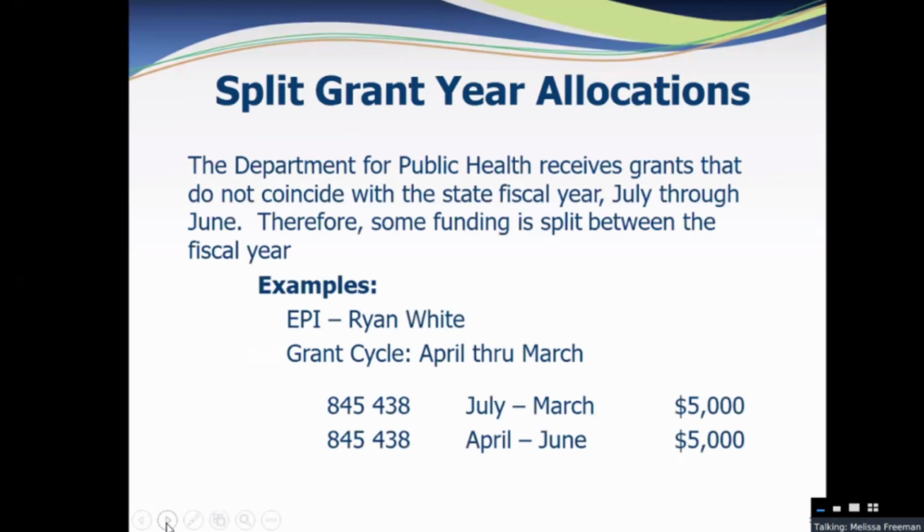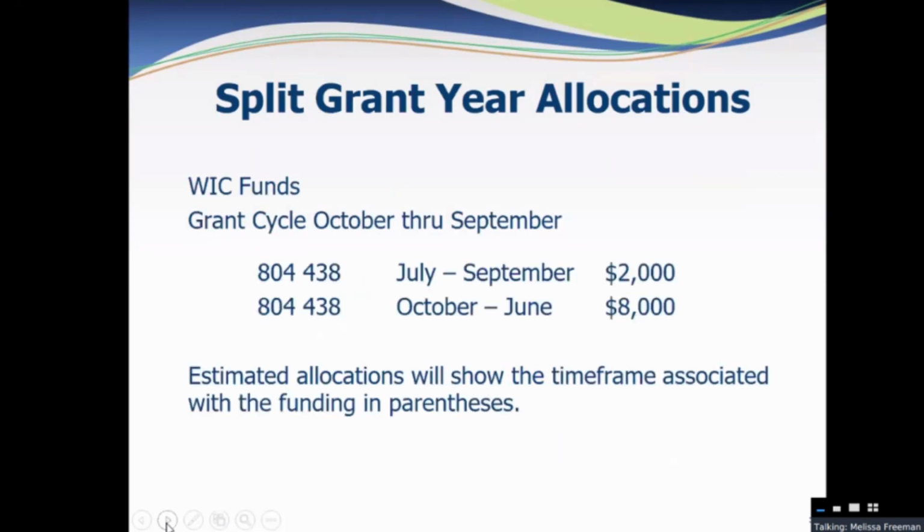This talks about split grants. This is also explained in your budget instructions. There are split grants on your allocations. For example, WIC. It has July through September allocation and October through June allocation. On your allocation, there'll be parentheses that say July through September and a parentheses that says October through June.